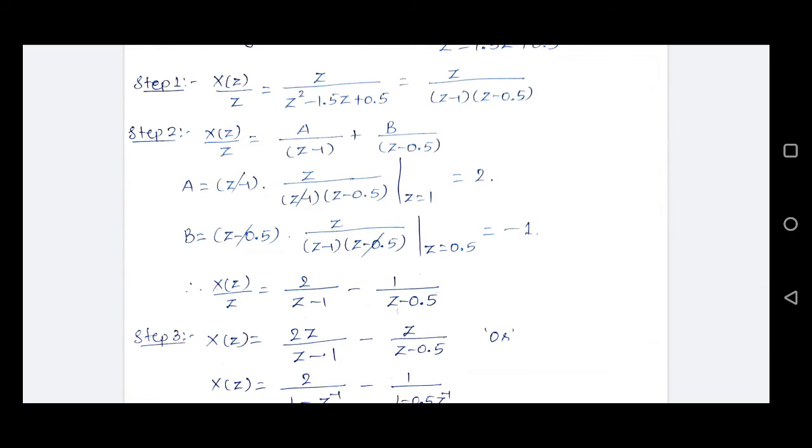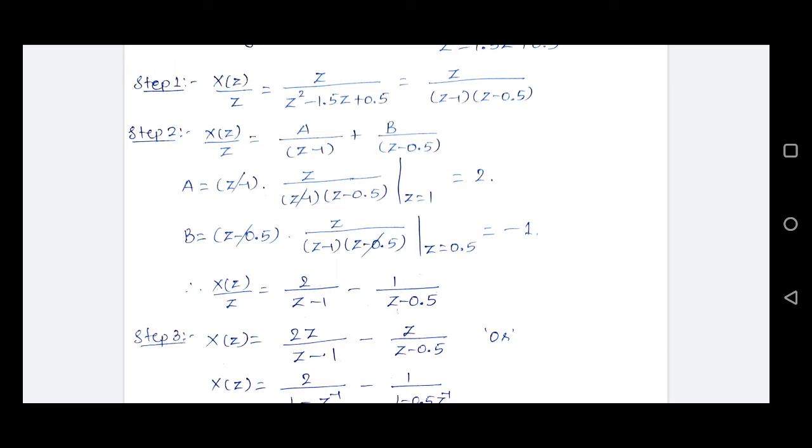To calculate A, the pole associated with it is multiplied to X(z)/z, and we substitute z as 1. Simplifying this, the value of A is 2. Likewise, for the second residue B, we multiply the pole associated with it to X(z)/z, where z equals 0.5. Simplifying it, we get minus 1.